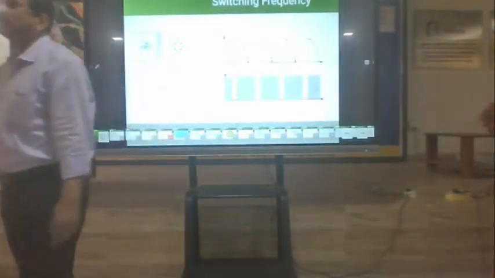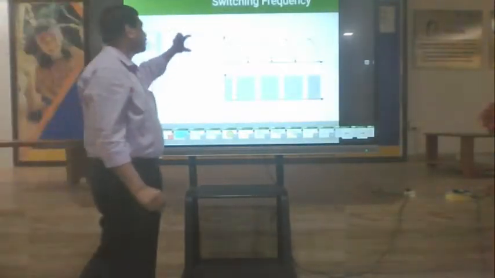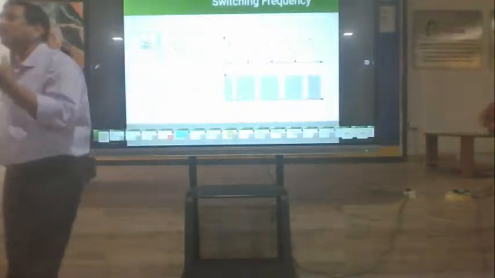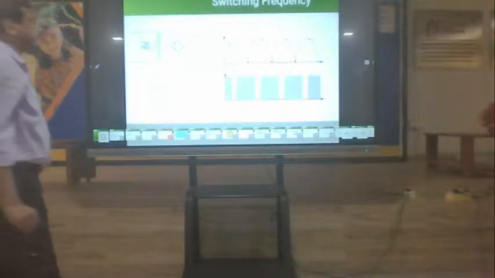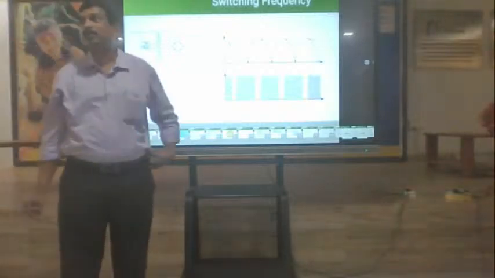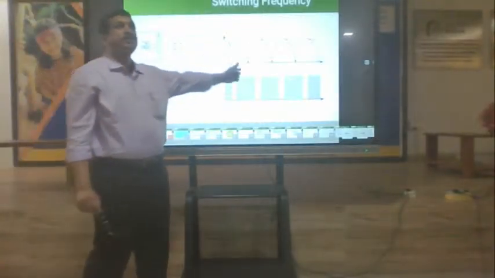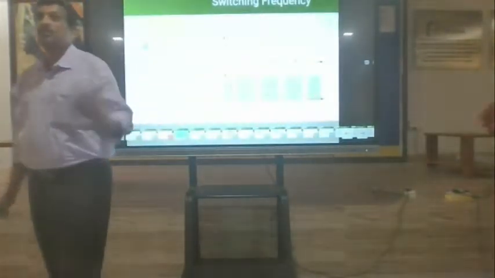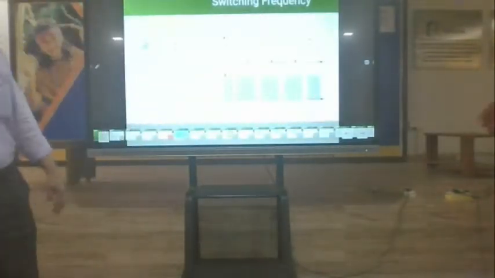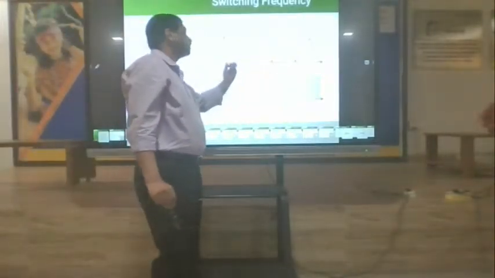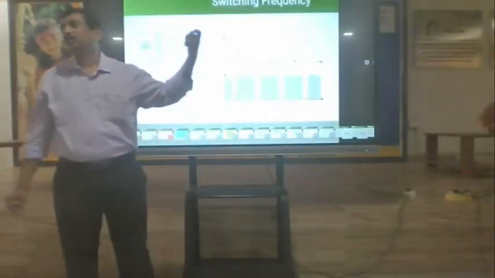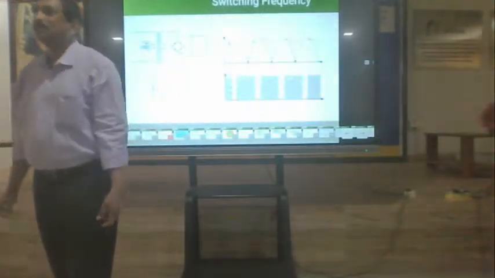To do that, you need a very high value of capacitance, a very high value of storage, which is not efficient. Because this is the line frequency, you cannot do anything. So what can you do? The other alternative is, why don't I change the time of this cycle? So how can I change the time of the cycle?